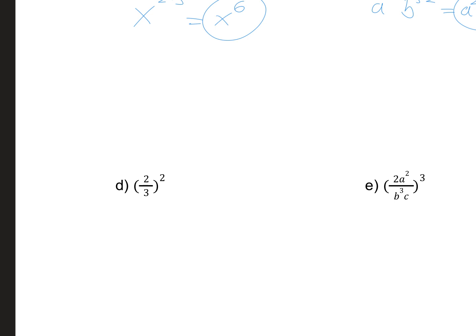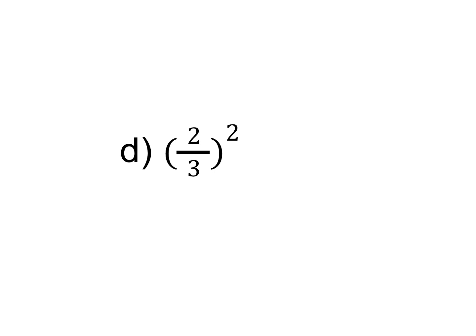Looking at example D now. If I can zoom in. There we go. All right. There are no variables in this, but we do still have an exponent. So all that is inside is a fraction. We can think of this a couple different ways, but I think the easiest way is that I have an exponent, and then I have a fraction, so whatever's in my numerator and whatever's in my denominator both need to get raised to this power.